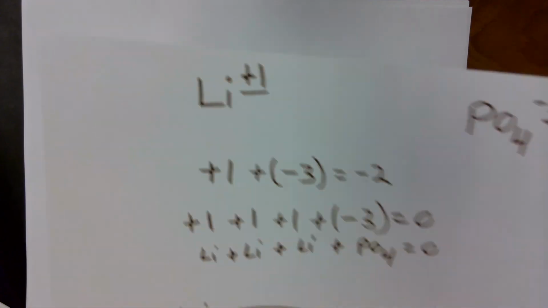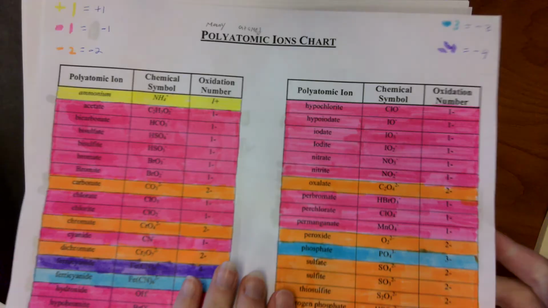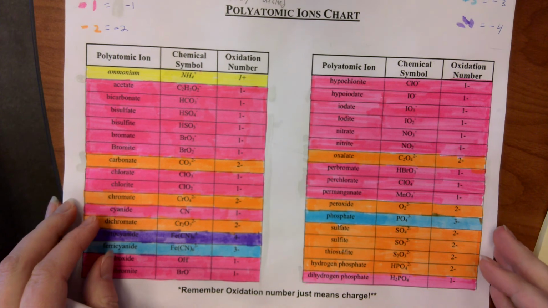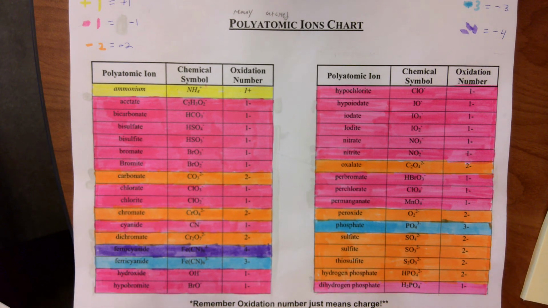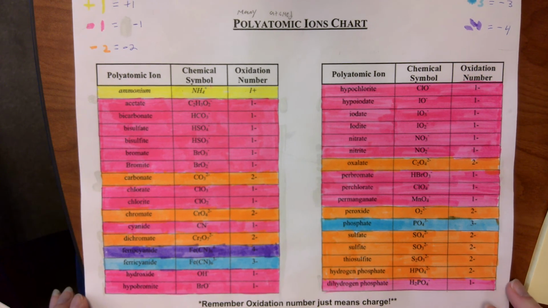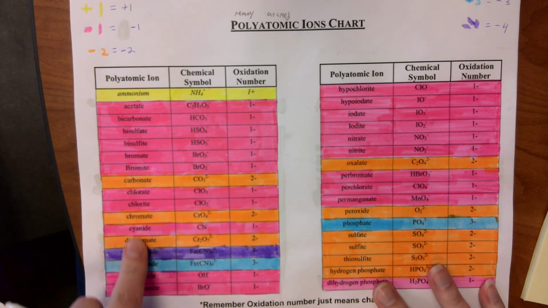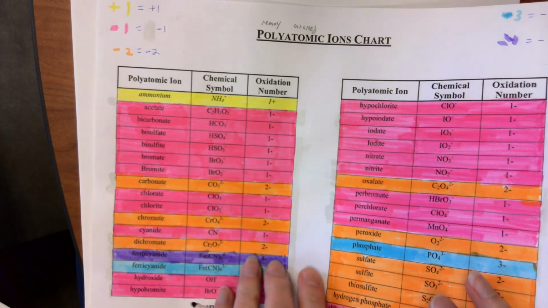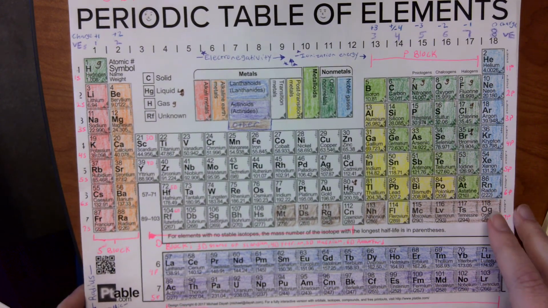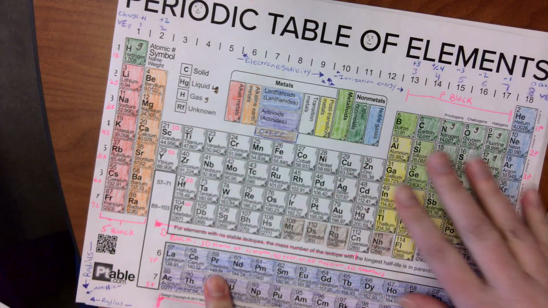I realize polyatomics still might seem confusing or intimidating. I'll remind you when you're looking at names, just look for a name that doesn't sound normal. In your worksheet, though, you'll see that a lot of them are not in this type of format.